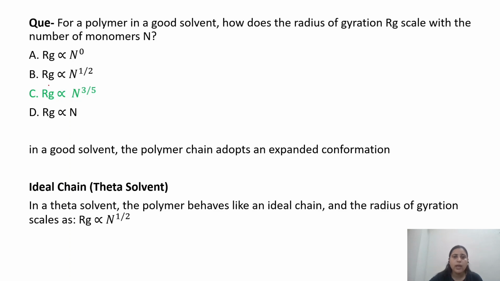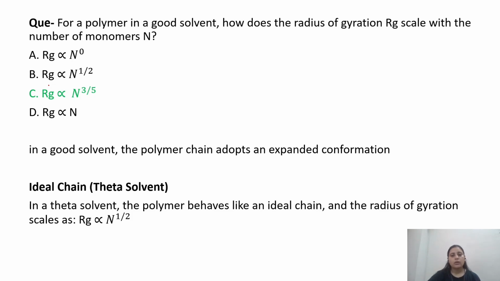What happens is when a polymeric chain is mixed with any solvent, then based on the behavior of that polymeric chain in the solvent, it will either contract or expand. The chain will either be in the expanded conformation or it will be entangled or coiled.